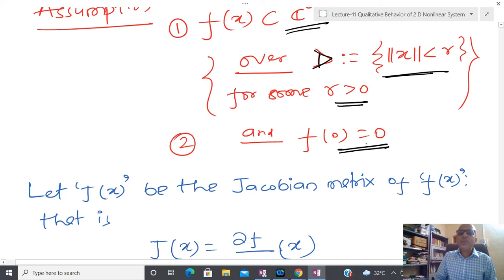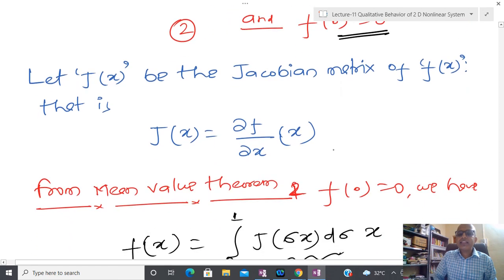Now you can apply the Jacobian here. J(x) I have defined like this, dou f by dou x. Again, whenever we write like this, it means that we are talking about dou f by dou x into x minus 0.